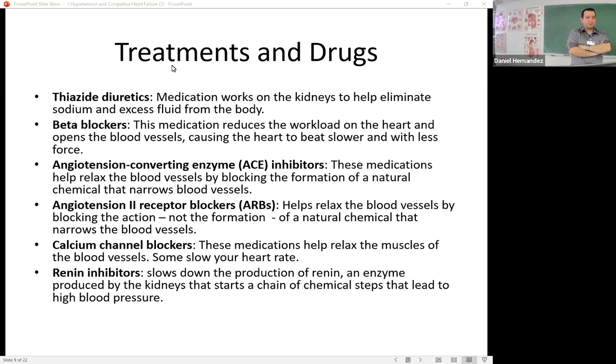So it slows down that renin production. If you go back to your A&P, you have your renin-angiotensin system with the kidneys, and that's how the kidneys are responsible for regulating a patient's blood pressure. So these renin inhibitors help break that chain reaction of the production of renin, and this helps regulate and control blood pressure.